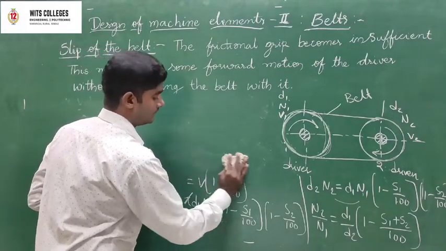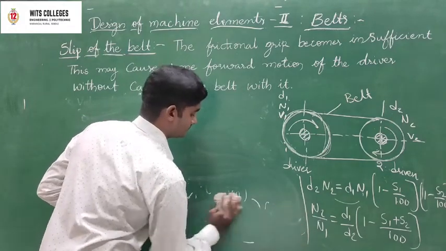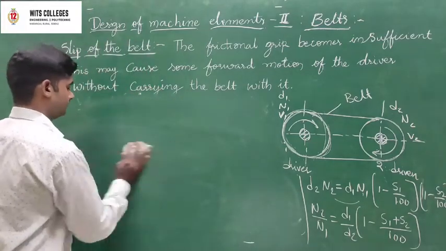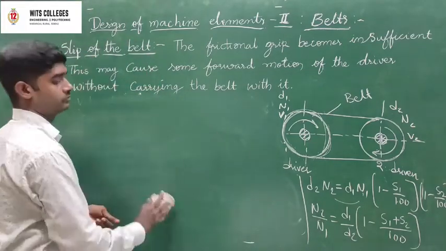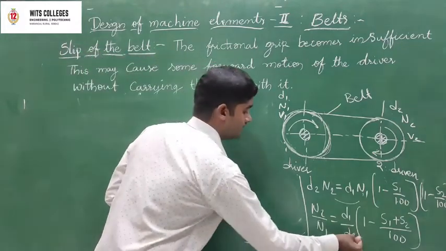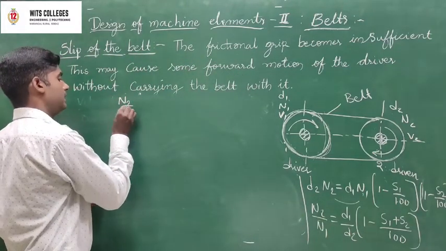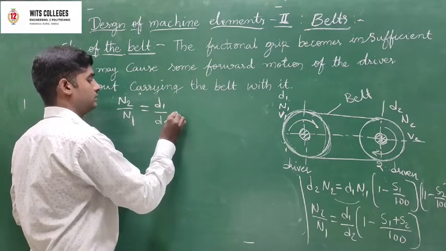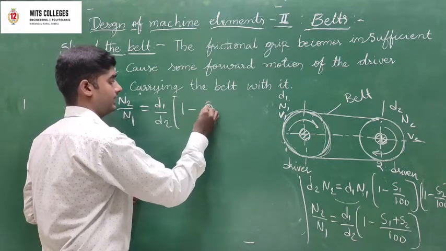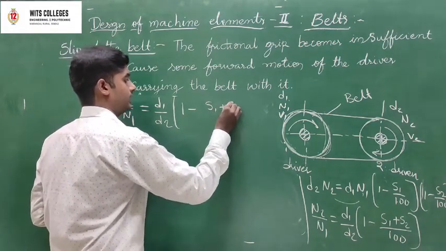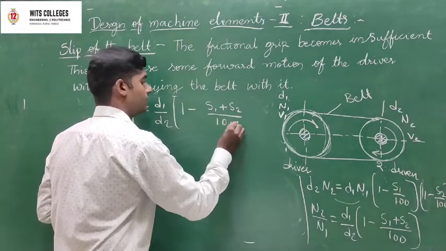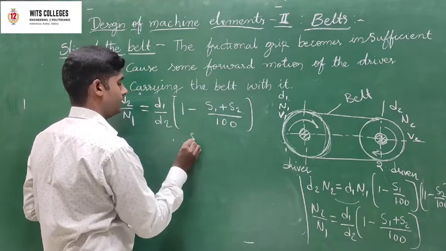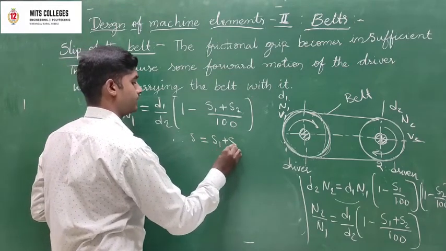Again I am writing this equation: N2 by N1 is equal to D1 by D2 into 1 minus S1 plus S2 by 100. We already know that total slip S is equal to S1 plus S2.